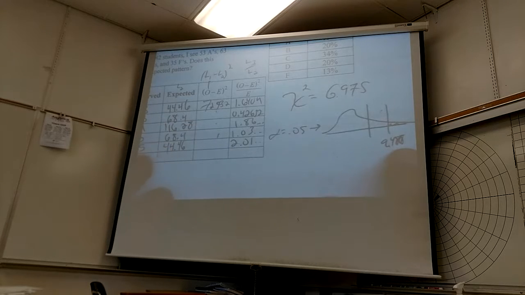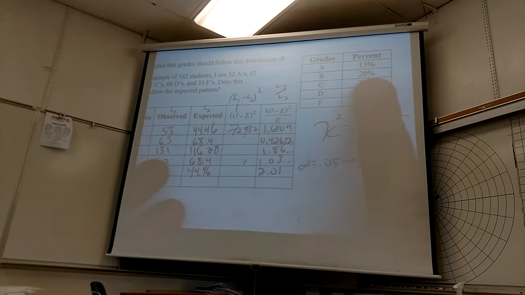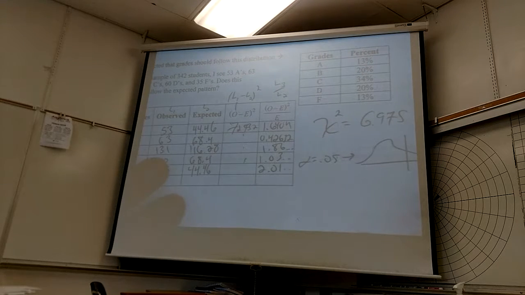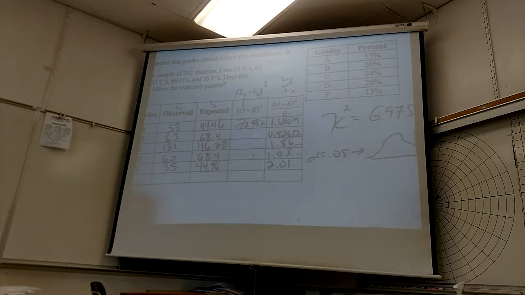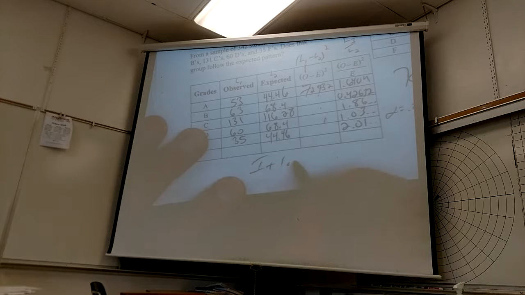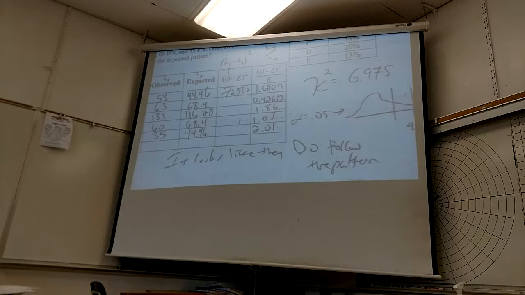No. So we failed to show that these grades don't match this pattern. So you could just write, it looks like they do follow the pattern. Officially, we would say we didn't find enough evidence to say that they don't.